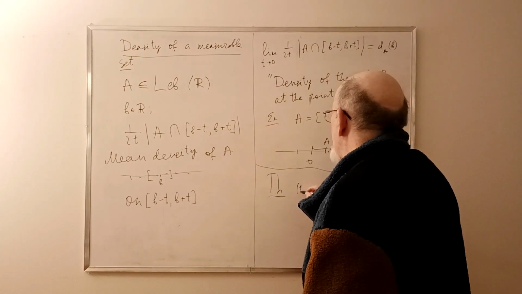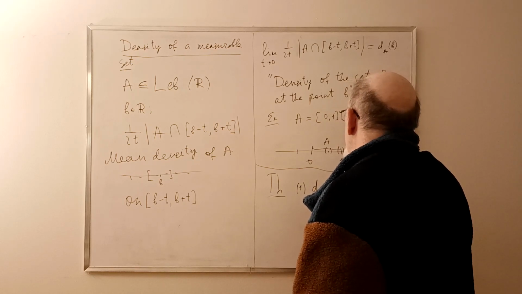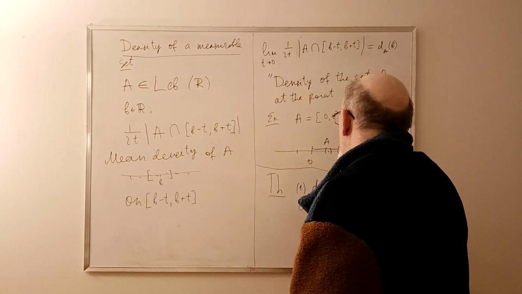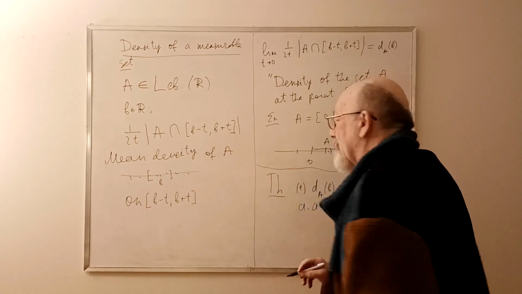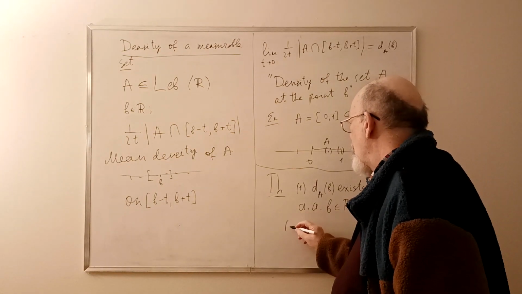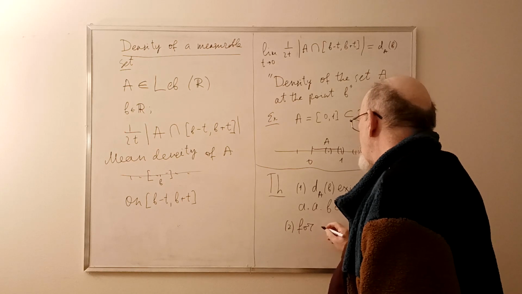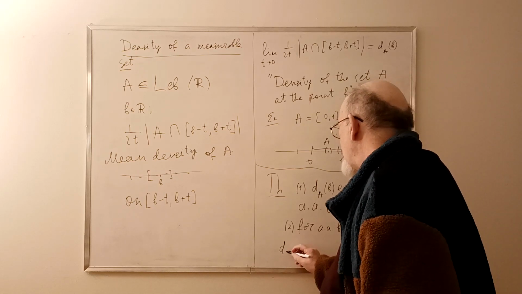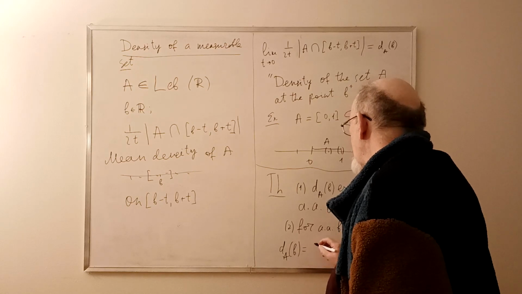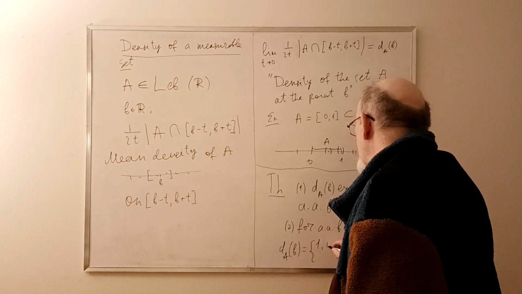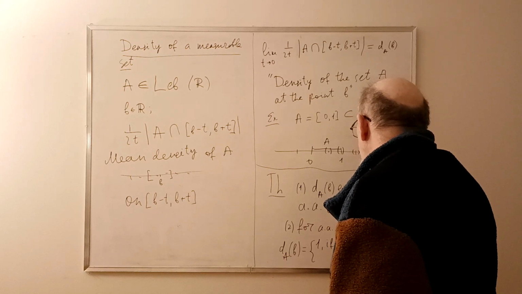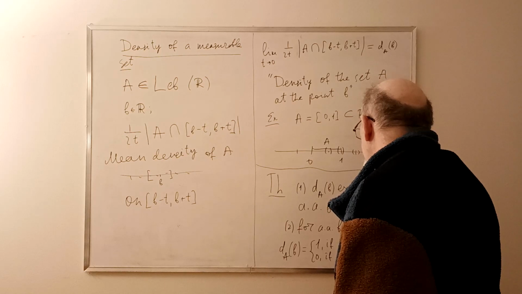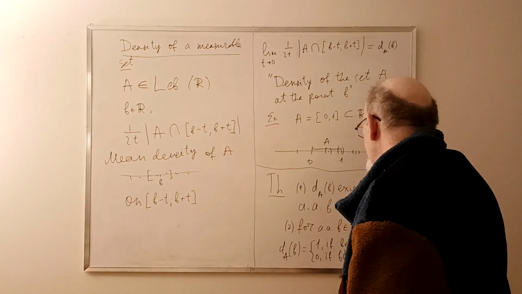First, dA of b exists for almost all b in R. And second, for almost all b in R, dA of b equals 1 if b is in A, and 0 if b is not in A. Yeah?